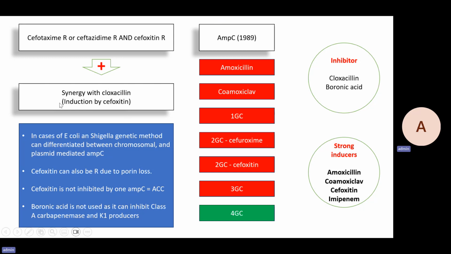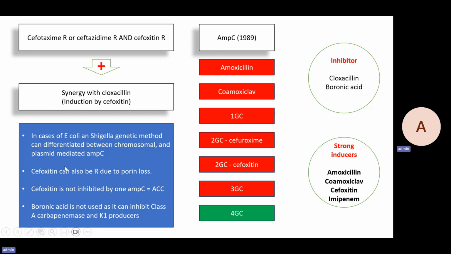You can use cefoxitin in the laboratory to induce them, but we'll come to that later. So if you get a screening positive, you test with a synergy with cloxacillin. The same way we have tested with clavulanic acid, instead of clavulanic acid, you use cloxacillin here.